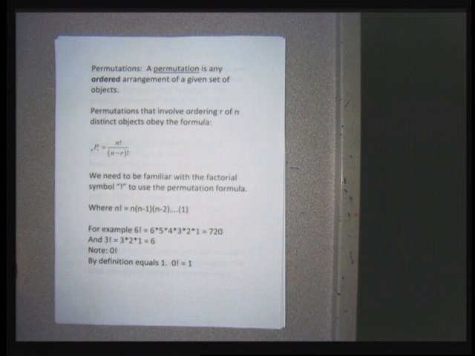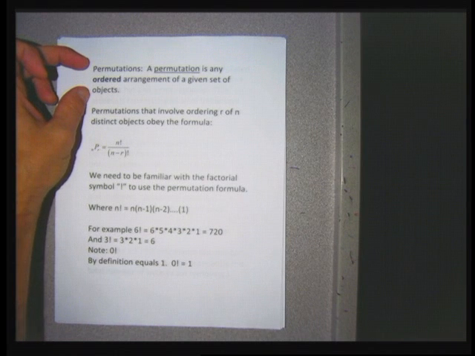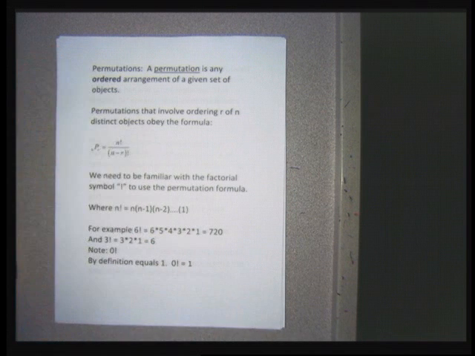So as we get into the problems, I'll try to really hammer down what this definition really means. A permutation is any ordered arrangement of a given set of objects. I'm sure I just stole this definition from Google or Wikipedia, and it's a correct definition, but it really doesn't highlight what a permutation is mathematically well enough to be able to use it to solve problems.